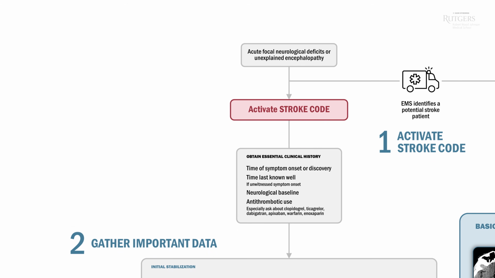Next step, gather relevant data, starting with clinical history. The four most important questions to ask are: time of symptom onset or symptom discovery, time last known well in the cases of unwitnessed symptom onset, prior neurological baseline, that can be expressed as a modified Rankin score, and antithrombotic use.